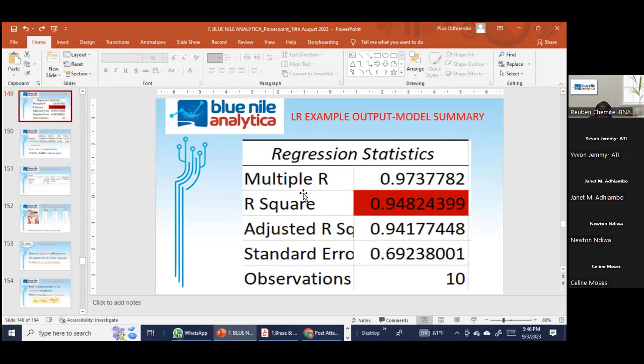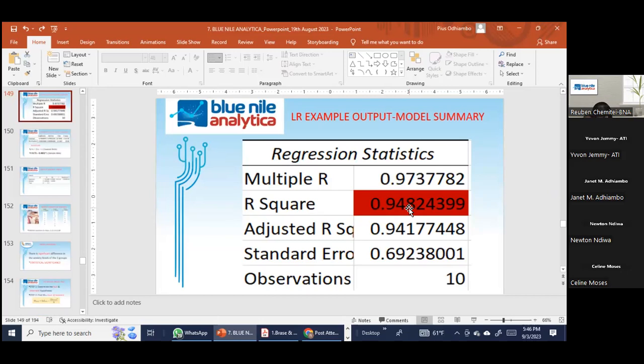You simply multiply this by 100. So 0.948 times 100 gives 94.8%. What this means is that the variation in the dependent variable is explained by 94.8% of the independent variable.